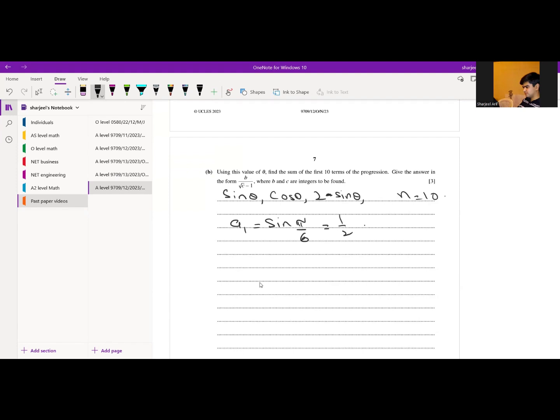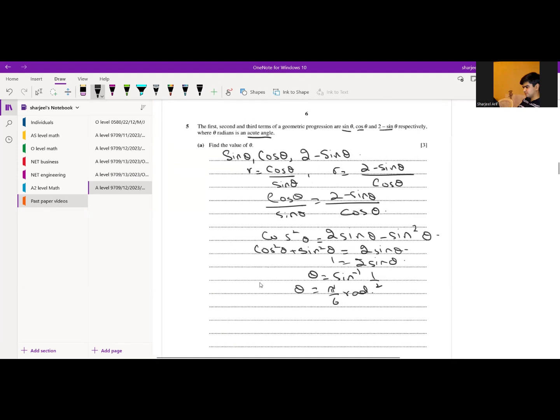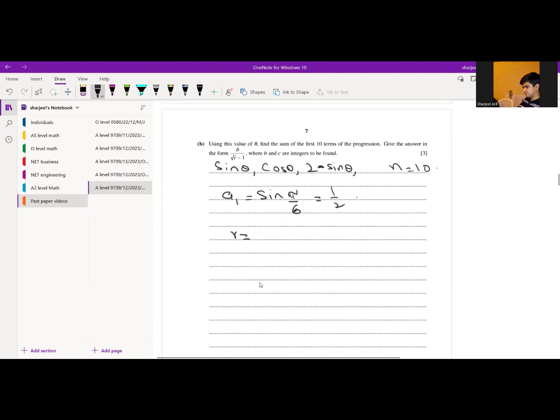And the common ratio is cos theta over sine theta. So we write cos pi by 6 divided by sine pi by 6, root 3 by 2 over 1 by 2. So r is root 3.